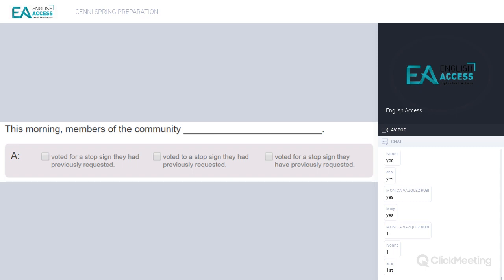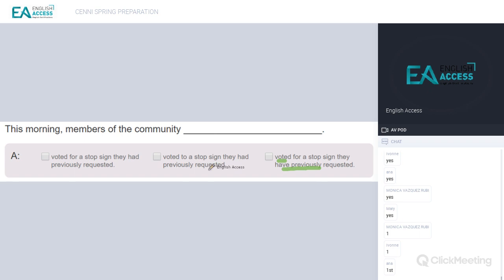It says this morning, members of the community, if we choose the number 3, voted for the stop sign they have previously requested. This is not correct, right? Because it says have previously requested, this is present perfect, which is not past. And the other says they voted for a stop sign they had previously requested.